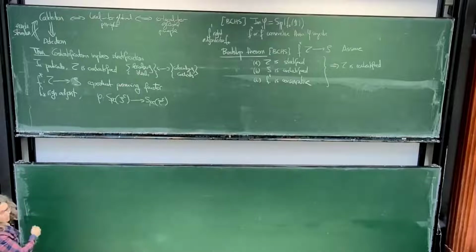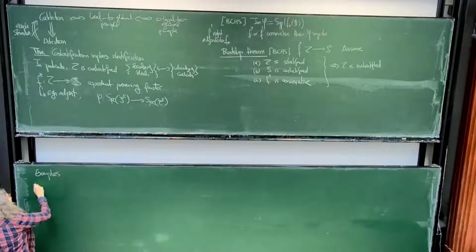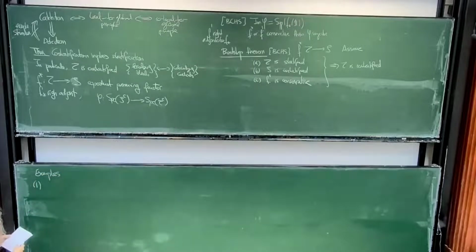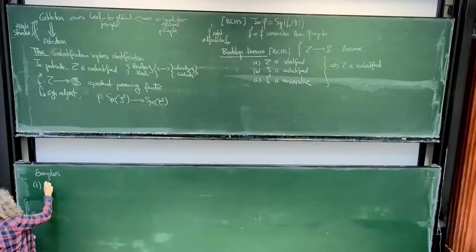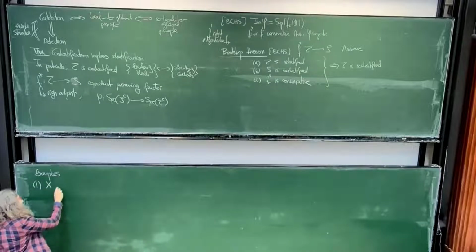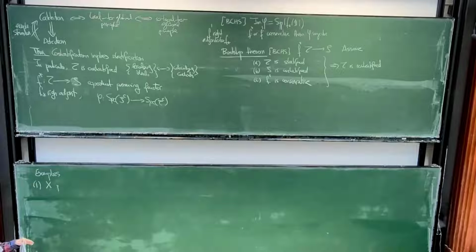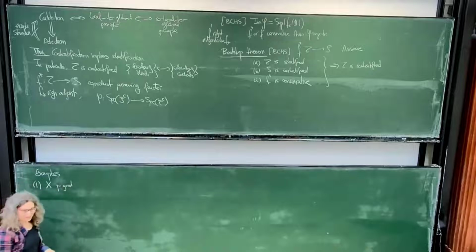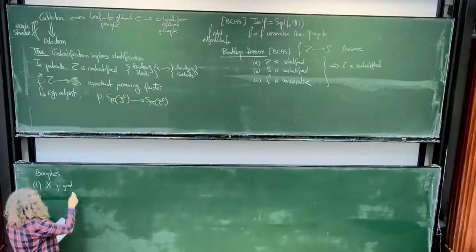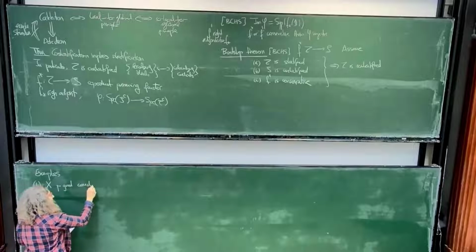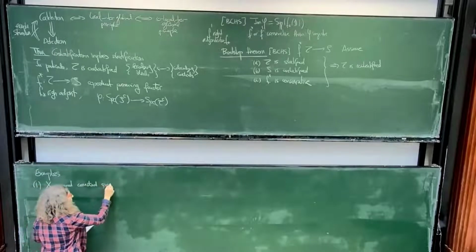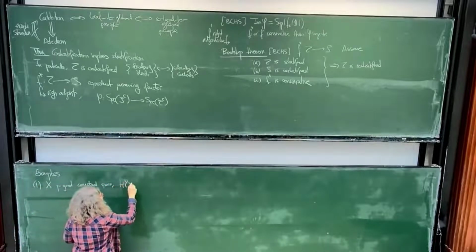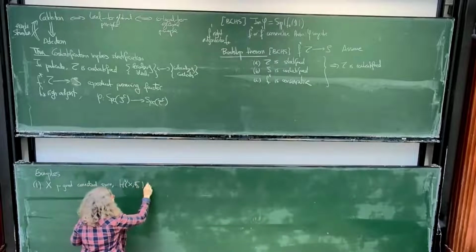Well, there is one example which I particularly like. I come from chromatic homotopy theory, so I like to have a topological space in the lecture. So it's a good connected topological space.